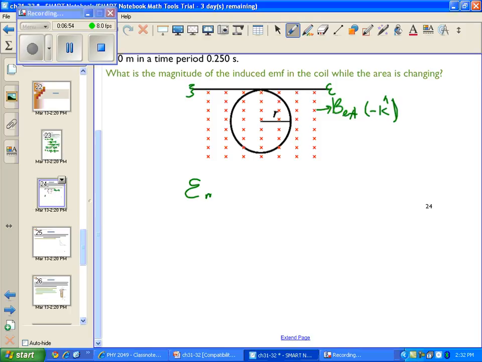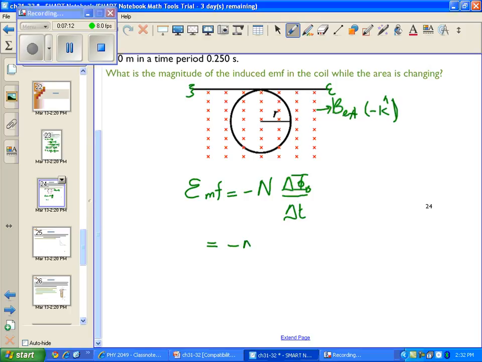And if we write down Faraday's law, the EMF equals minus N times the change in the magnetic flux. And again, we're going to treat it as a uniform change in magnetic flux.